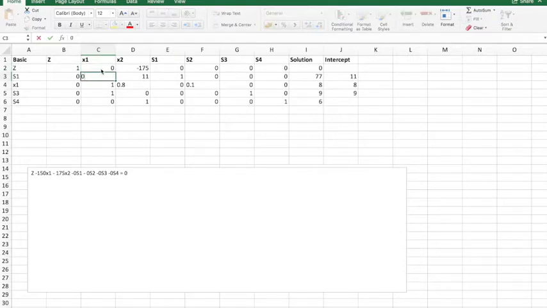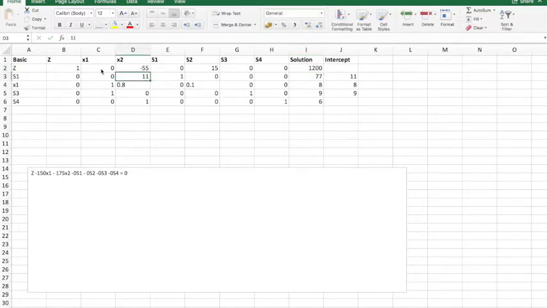But for time's sake, I've already done this. So x2 is minus 55, x1 is 0, s2 is 15, s3 is 0, s4, our solution is 1200.